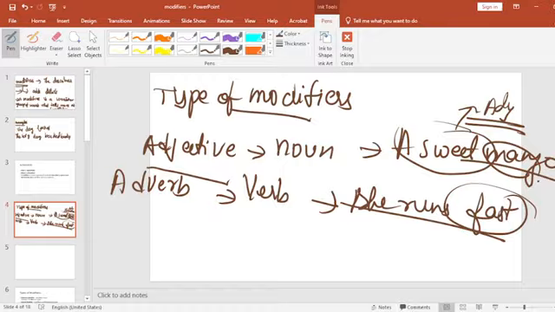So we have two types of modifiers. One is adjective, the other one is adverb. Adjective modifies the noun. Example, a sweet mango. Adverb modifies a verb, which is she runs fast.